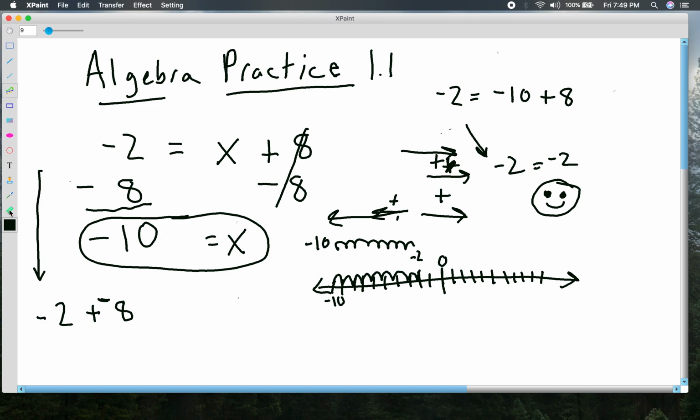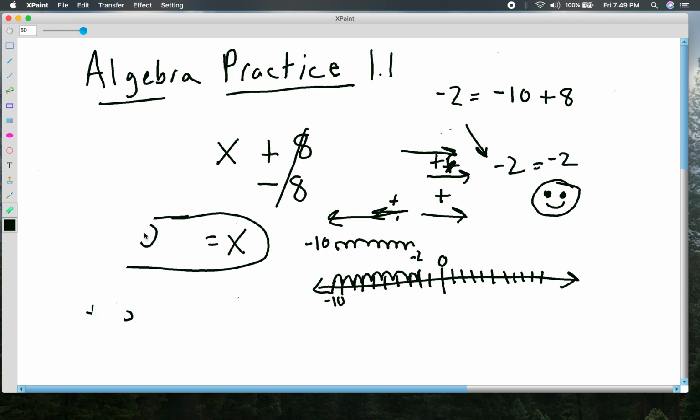So just remember, sometimes with algebra, negative numbers are going to show up. You just have to remember the rules of adding and subtracting, multiplying and dividing negative numbers. I like to use a number line. That just helps me visualize it better. If that helps you, great. Some people need visual aids more than others. I happen to be one of them. So that's awesome.